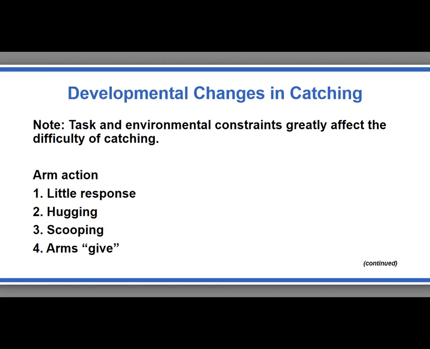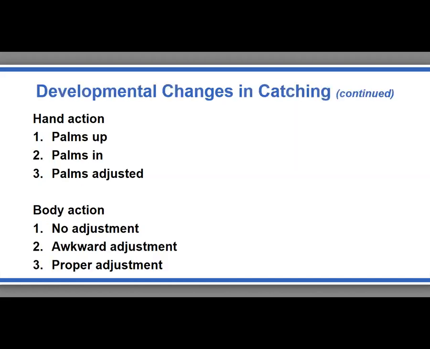Developmental changes in catching: task and environment constraints greatly affect the difficulty of catching. Arm action: little response, hugging, scooping, right? As it hits, you try to hug it or scoop it up. Those are movements from one phase to the next, until the arms give as they catch things. Hands up, palms in, palms adjusted.